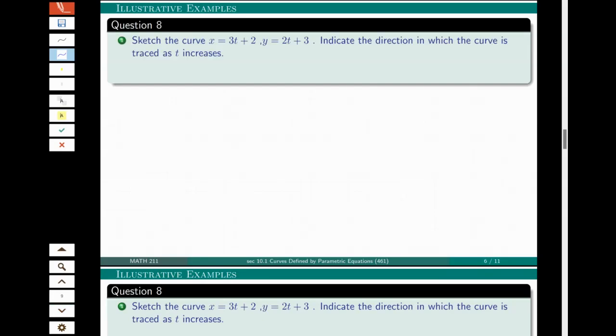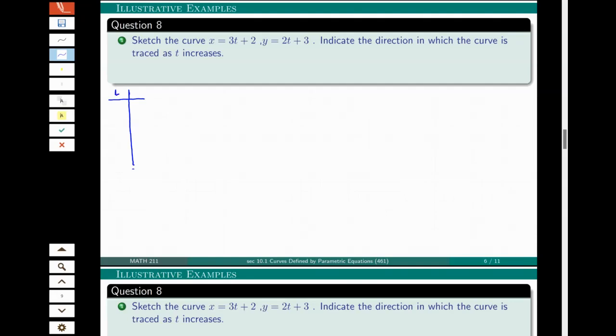Here it says sketch the graph, indicate the direction in which the graph is traced. So we'll do the same thing. We have to select a few points.